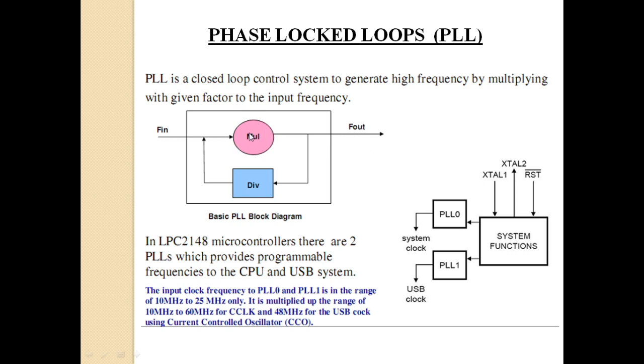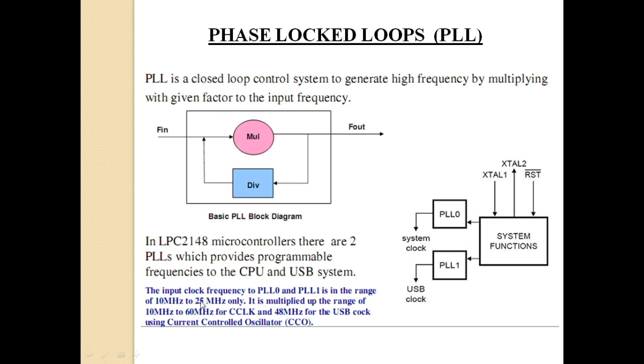You need to configure the multiplication factor and the division factor in order to configure this, right? There are some limitations also. The input clock frequency of PLL0 and PLL1 should be in the range of 10 megahertz to 25 megahertz. The input clock frequency is generated using the crystal oscillator, and you can connect only a crystal from 10 to 25 megahertz.